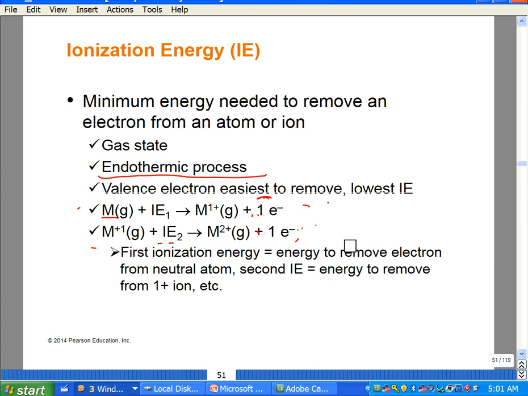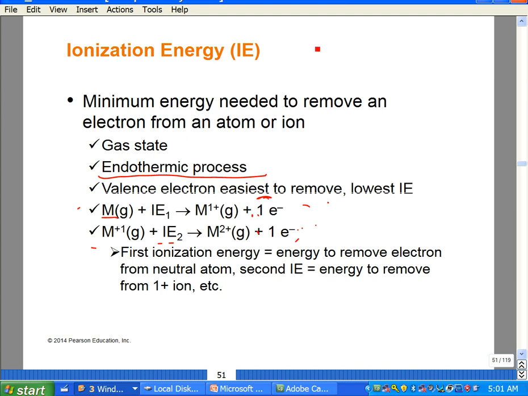You'll probably be asked to write the equations for both of them, where it tells you to show writing ionization energy for the first and second ionizations. And actually, it's one of those in your practice problems that you have.